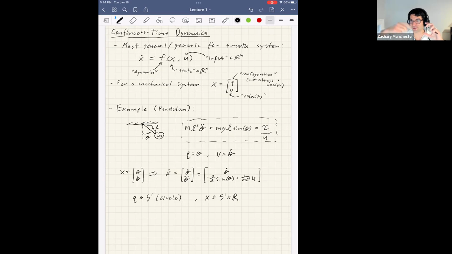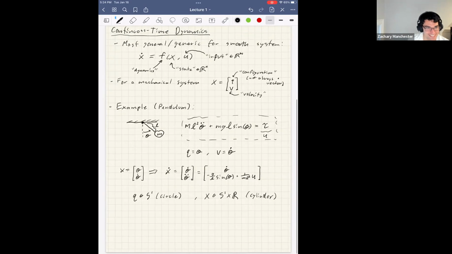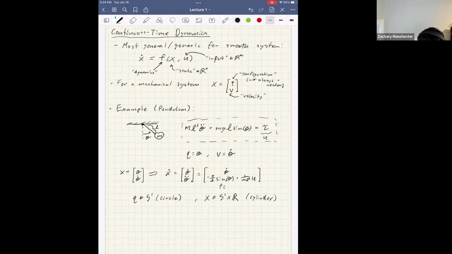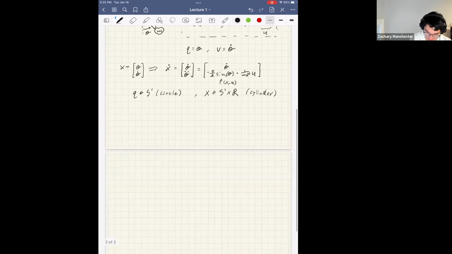It's a circle, and at every point on the circle you get the real line. So you have two coordinates, and that's the cylinder. These are just fun facts that often don't get talked about, but are, I think, interesting. Okay, and this is our X here. Cool, that was a fun little aside.